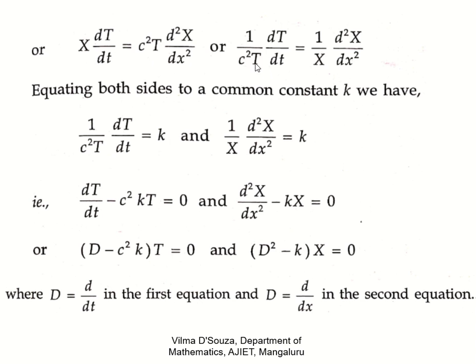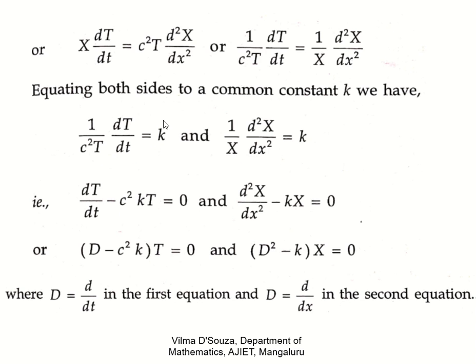So now the left hand side is a function of t alone, the entire right hand side is a function of x alone. So these two are equal only if they are equal to a constant k. So equate this to k, this also to k. 1 by c square t dt by dt is equal to k. 1 by x d square x by dx square equal to k. So what is dt by dt?